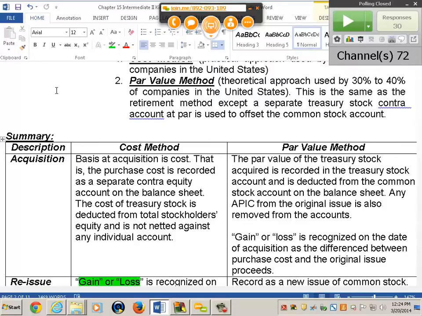Let me clean that up. Yes, if APIC from treasury stock transactions is zero or goes to zero, then you have to debit retained earnings.